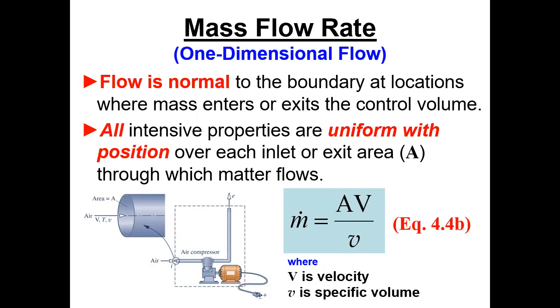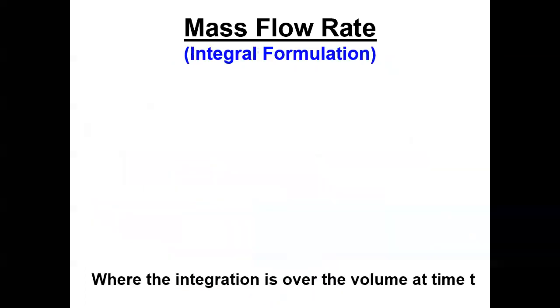And then if you're going to get to a mass flow rate, you've got to have either density or specific volume. So we're going to divide by the specific volume of the fluid, and that's going to convert from meters cubed to, say, kilograms, or from cubic feet to pounds mass if you're in the US system of units. So anyway, that's just a bit of a review from last time.